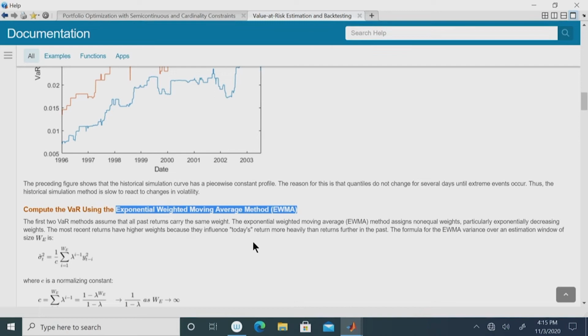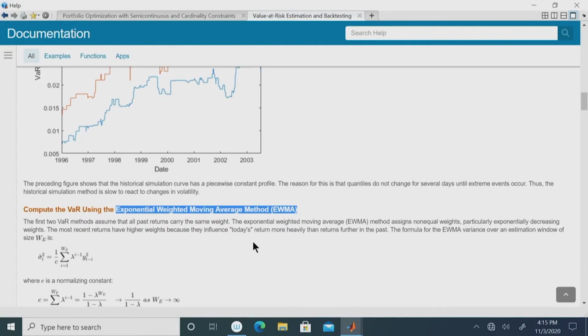Because of the exponentially decreasing weights, higher weights are assigned to more recent returns as compared to more remote returns, because it is based on the premise that today's return is more likely to be influenced by more recent returns as compared to the returns from further in the past.